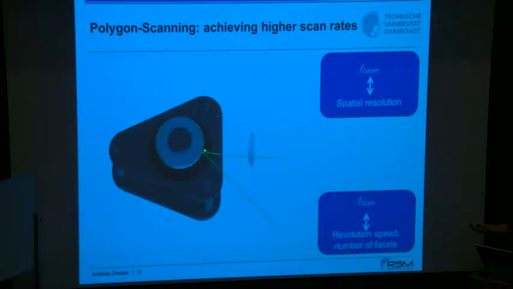The more facets you have, the more of these edges you have. And given that you have a certain size of your beam, you then have a lower duty cycle. That was as well a design criterion from our side, saying that you would not like to have a duty cycle lower than 60%. And you cannot focus, of course, your beam on that facet, you will blow it away.